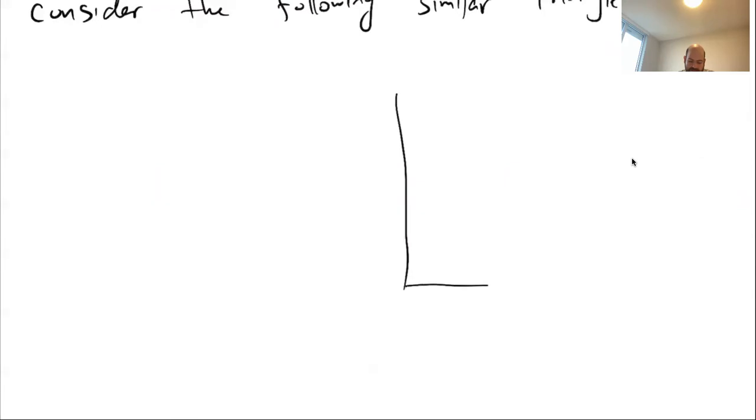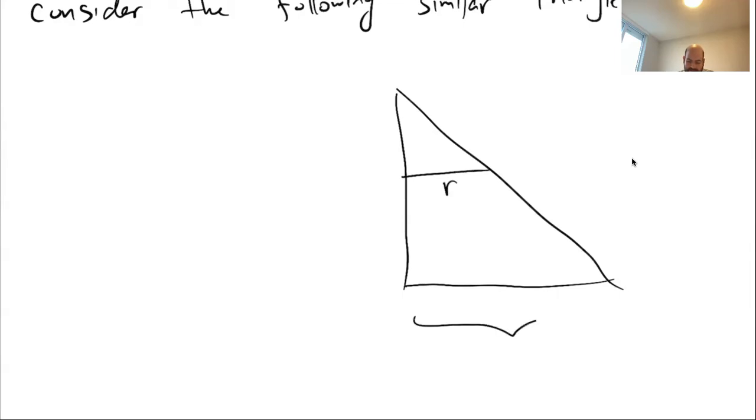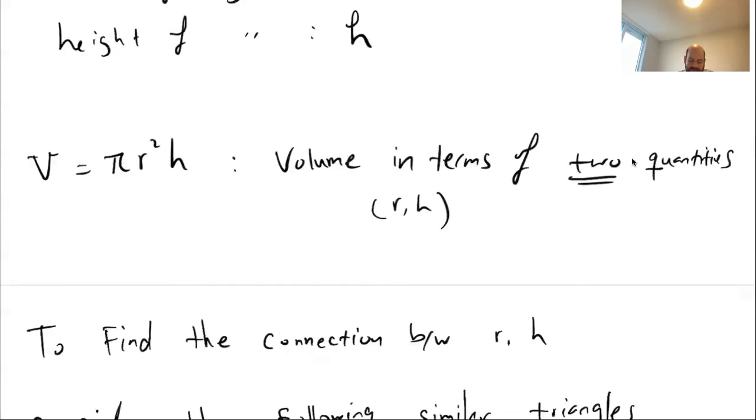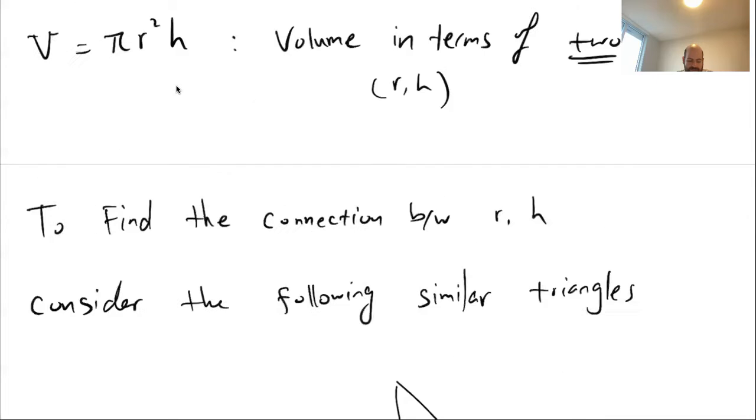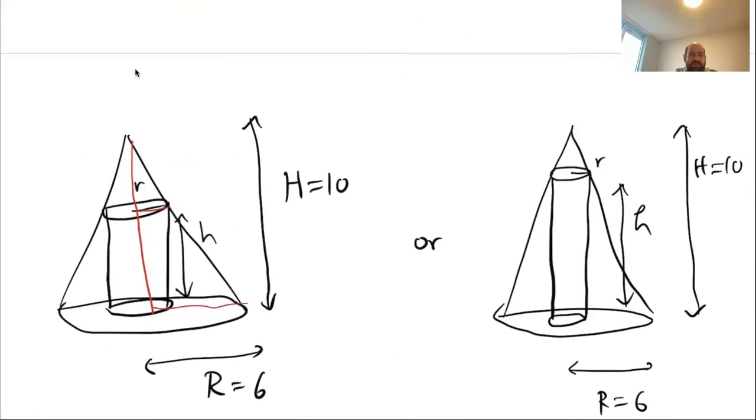Which similar triangles? One of them has radius small r, the other one has radius capital R. I mean the side. This is the smaller triangle, this one, and then this is the bigger triangle. So the smaller triangle has base small r, the bigger triangle has base capital R, and the bigger triangle has height capital H.